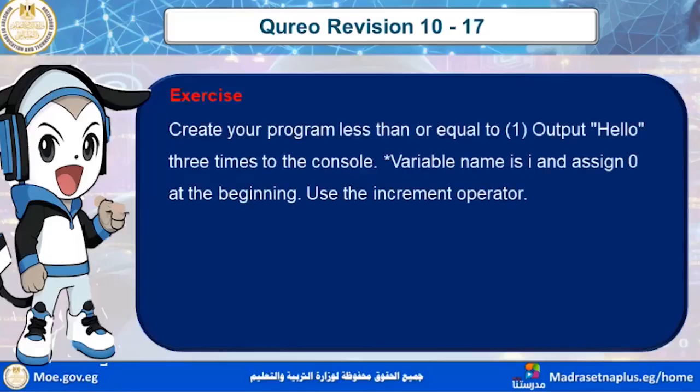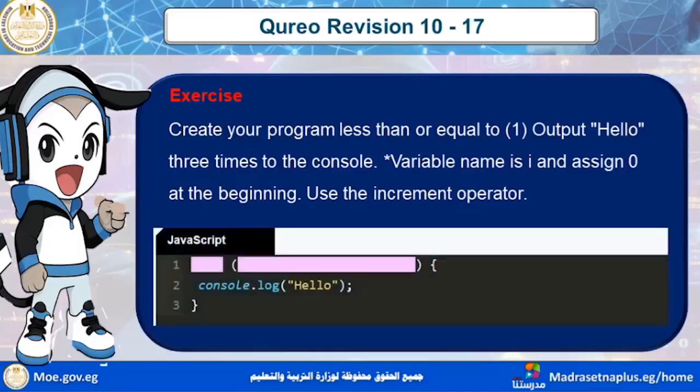Create your program. Output hello 3 times to the console. The variable name is I, and assign 0 at the beginning. Use the increment operator. First of all, how can we complete this?